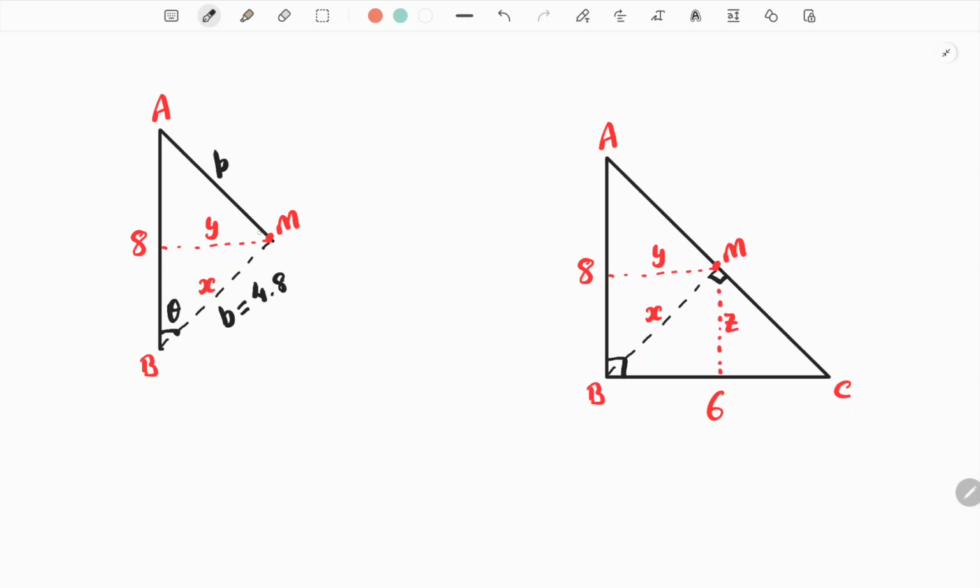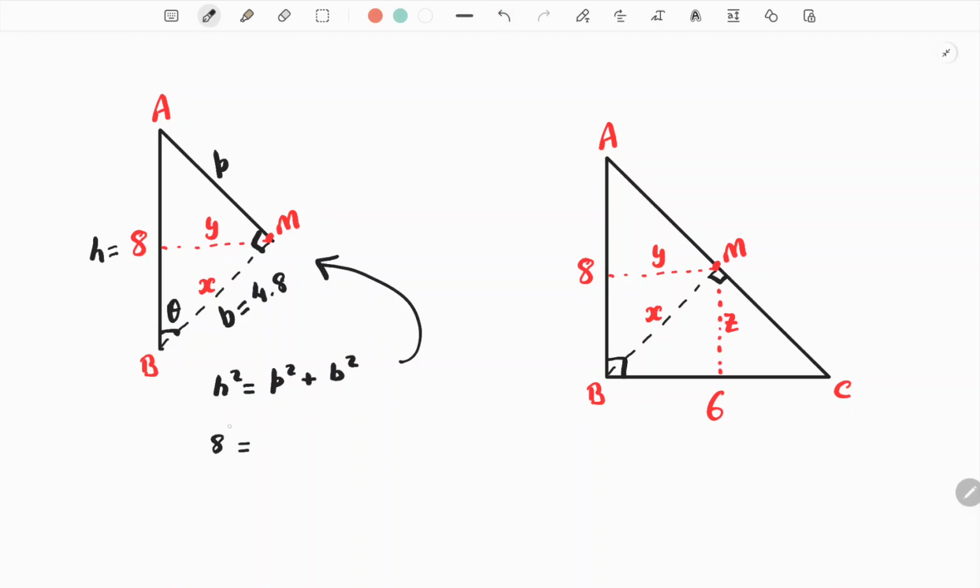And the other side, which is opposite to 90 degree, that is the side AB, this one we can take as H. So first of all, let us find out what is the value of P. So if we use the formula, H square is equal P square plus B square for this diagram, then here we can write H square is equal, but H is nothing but 8.